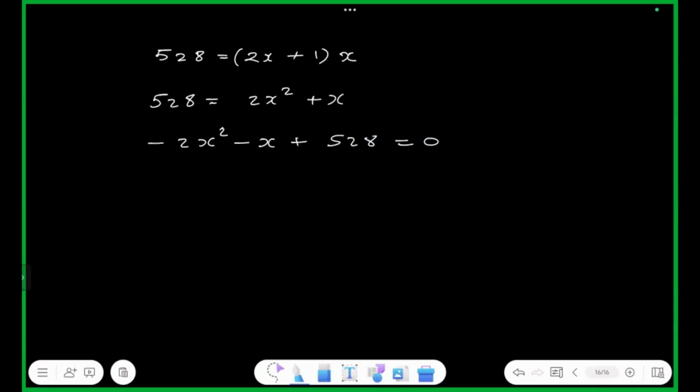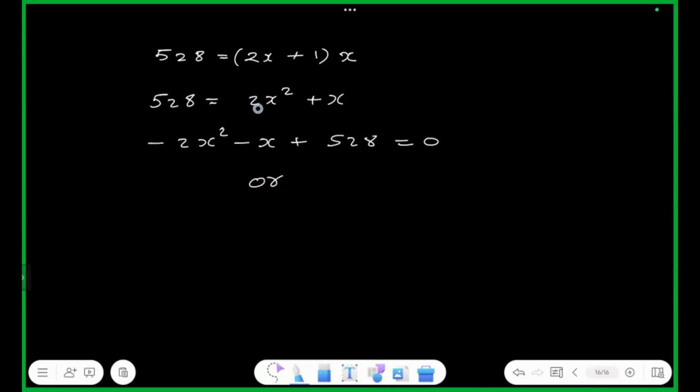Got it. Now here we can do one more thing. This is also correct. But to make it in a more precise manner, look here. Till this much is also correct because this is also a quadratic equation. But you can do one more thing here.